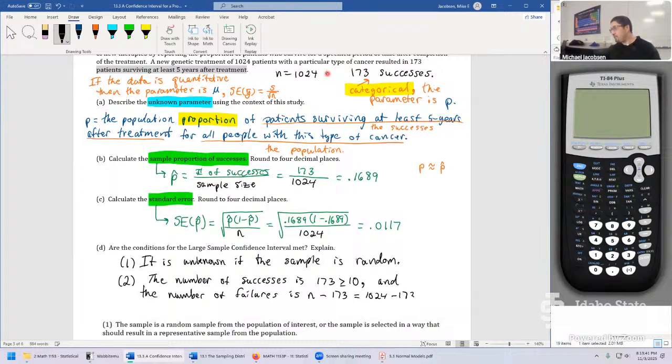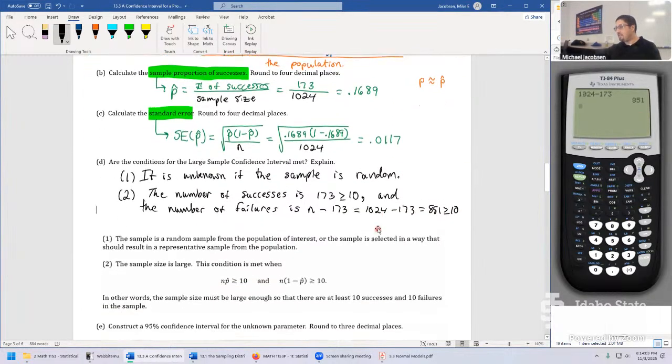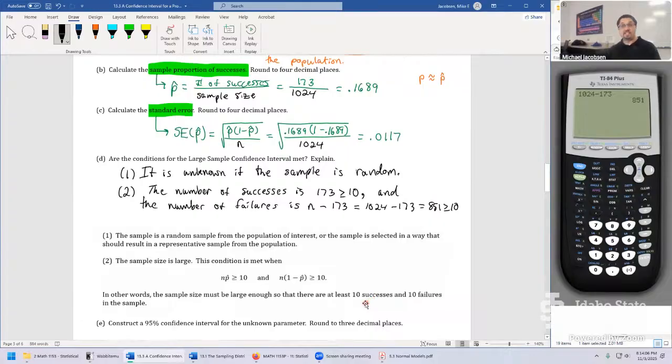Minus 173. That's definitely bigger than or equal to 10, but let's just get a number so that's not something that feels like it's hanging out there. 1,024 minus 173 came out as 851 failures, which is also greater than or equal to 10. And that's what we wanted, at least 10 successes and 10 failures.